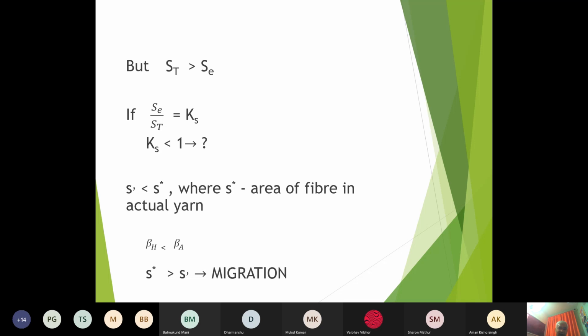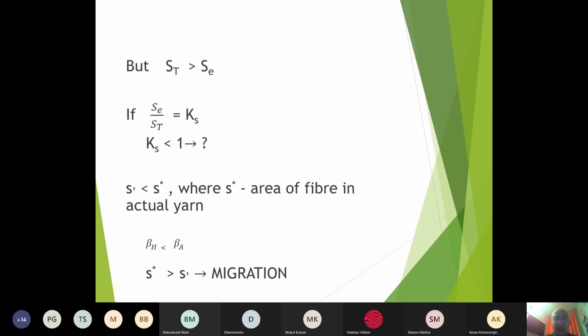And the total area is the average area of the fiber multiplied by the number of fibers in the cross section. So there are two different situations, and you have to say which factor is dominating: increase in number or increase in area of individual fiber, and that will vary from situation to situation. I will show you the case study, and maybe this point will be clear to you.